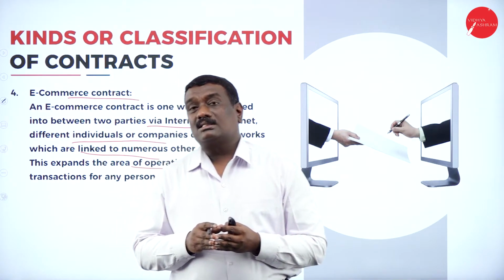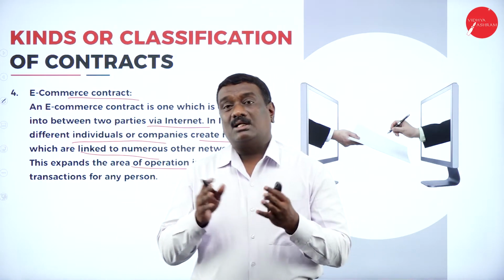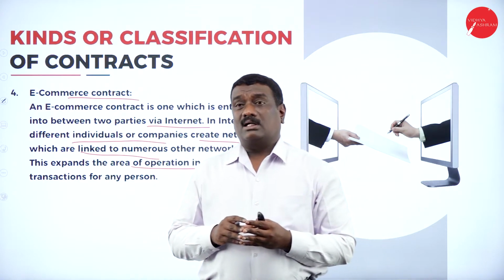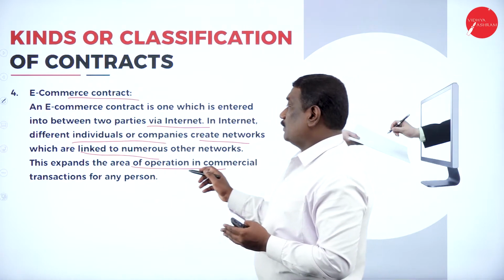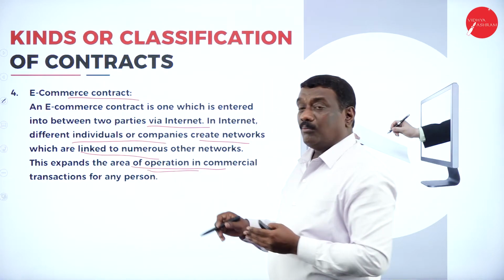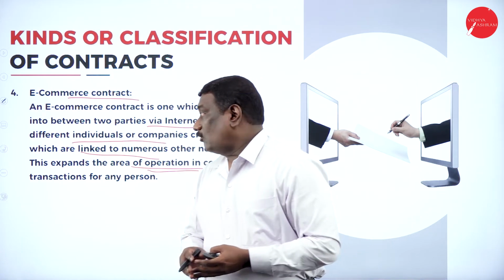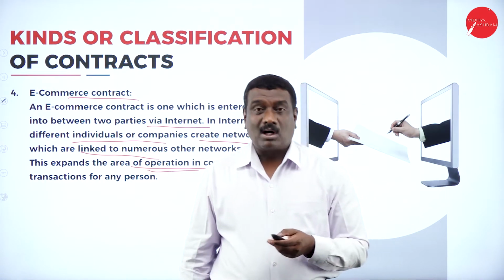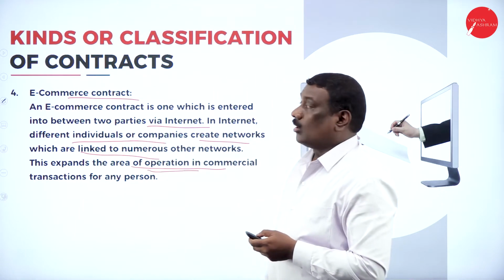So all these internets will be connected to a network, and that network will be connected to various other networks, and thereby it is linked, and the area of operations will also be expanding for doing the transactions of the persons. So this is about the e-commerce contract.